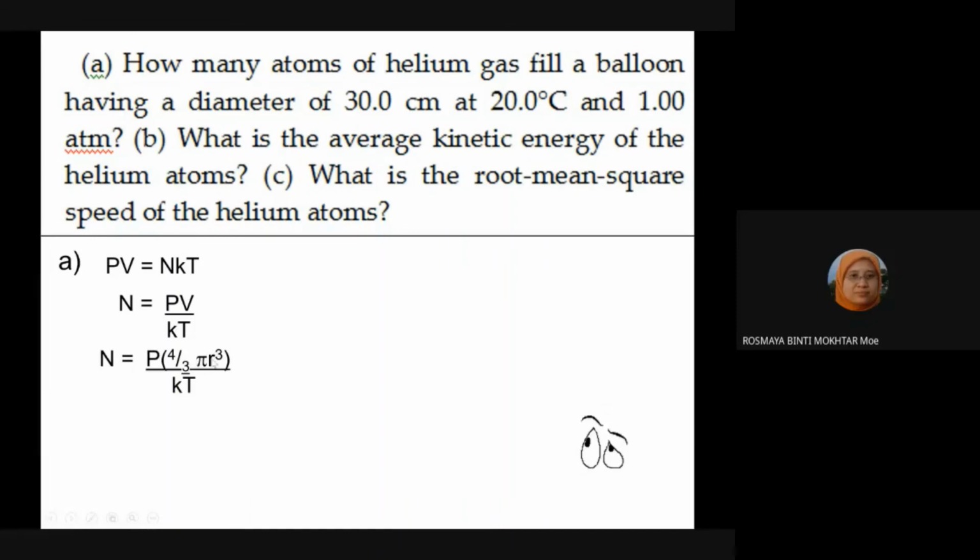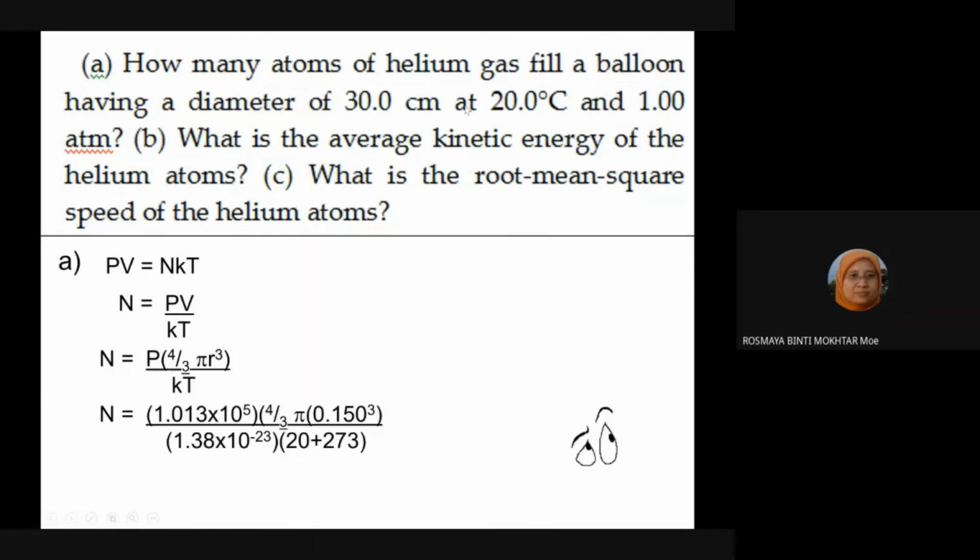For pressure, 1 atmosphere is equal to 1.013 times 10 to the power of 5 Pascal. So how to convert atmosphere to Pascal? You must know that 1 atmosphere is equal to 1.013 times 10 to the power of 5 Pascal.